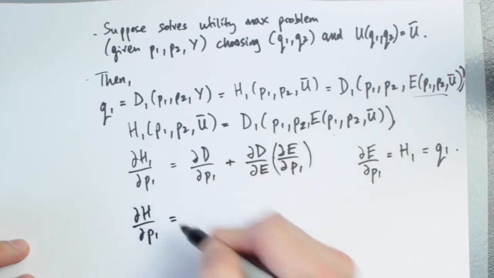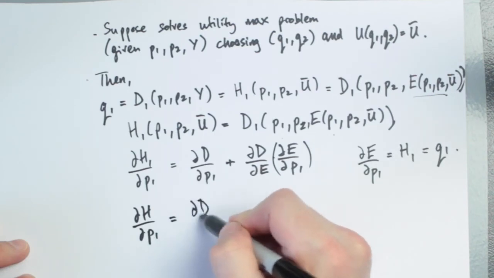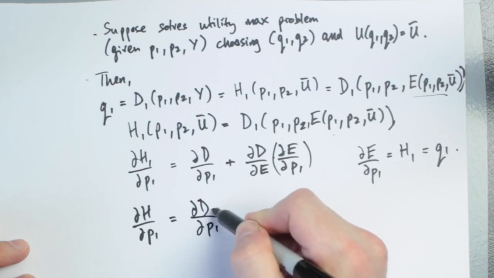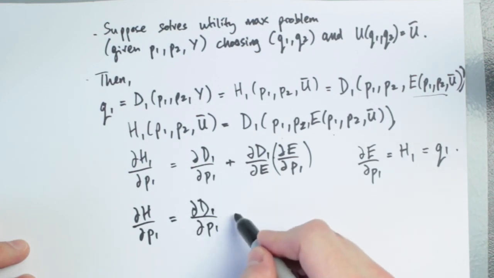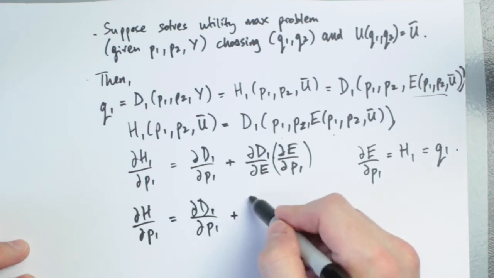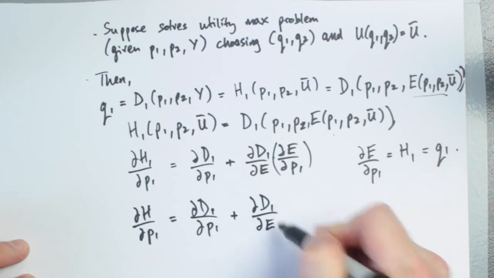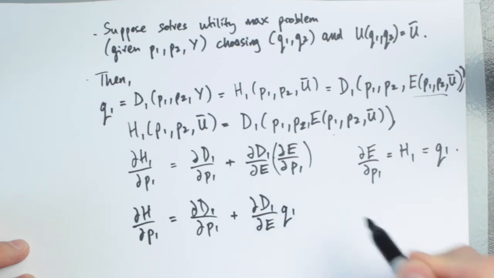So the partial derivative of the Hicksian demand with respect to the price of good 1 is equal to the partial derivative of the Marshallian demand, let's put D1 here, sorry, of Marshallian demand for good 1, plus the partial derivative of Marshallian demand with respect to expenditure or income multiplied by Q1. At this point, we've essentially derived what I would call the Slutsky equation.